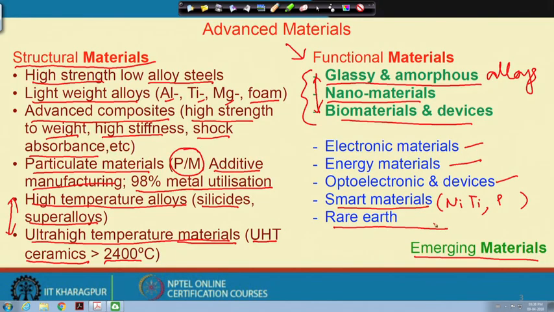At the same time, a large effort is also going into developing rare earth based functional materials. In several magnetic materials, sensors and so on, there are so many applications of rare earth elements, which are very much important.